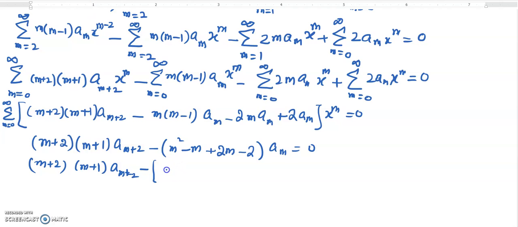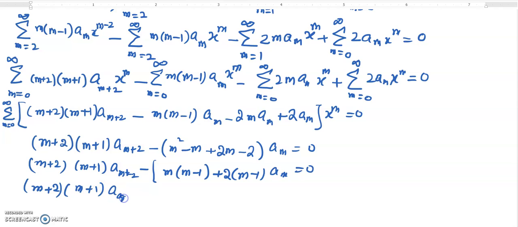I take m as common, so it will be m minus 1, and then I take 2 as common, it will be m minus 1. a_m is equal to 0. So (m+2)(m+1)a_{m+2} minus, so now it will be (m+2)(m-1)a_m.